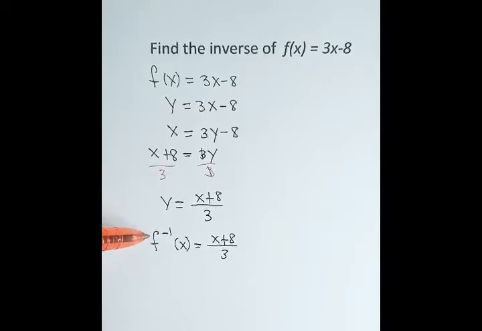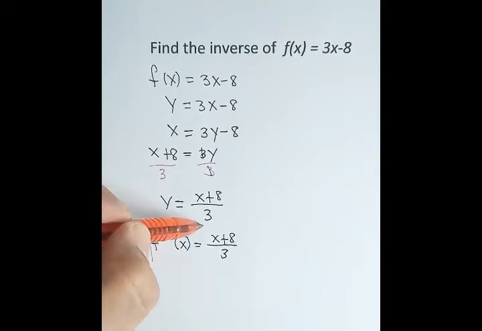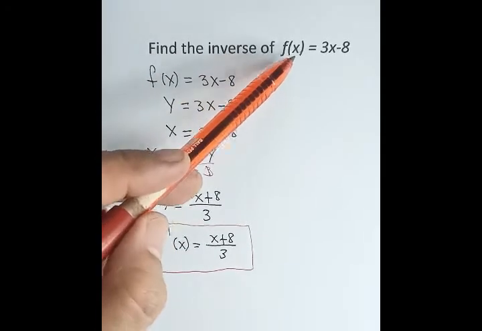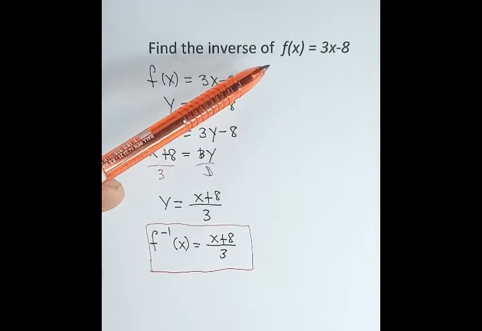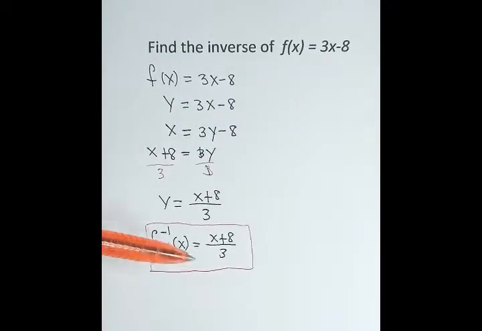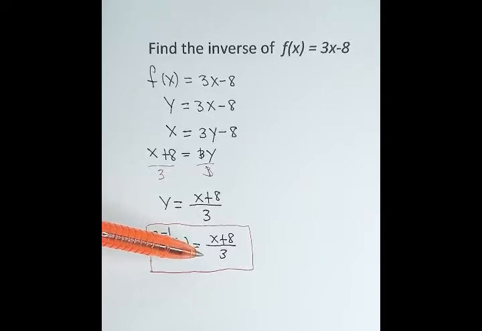So this equation now is the inverse of the function 3x minus 8. So the inverse of the function 3x minus 8 is x plus 8 over 3.